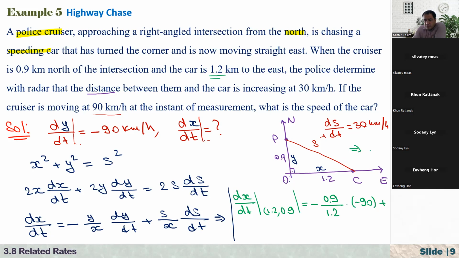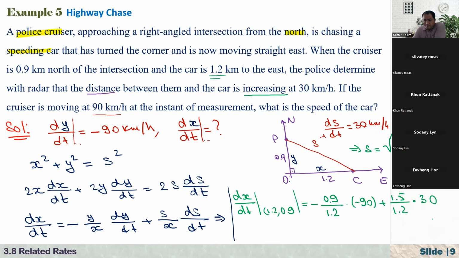At this instant s is equal to the square root of 0.9 squared plus 1.2 squared, that is 2.25, which equals 1.5. So at that instant s is 1.5 over x, which is 1.2, times ds/dt. It is changing at 30 kilometers per hour, increasing, and that's why it is positive.